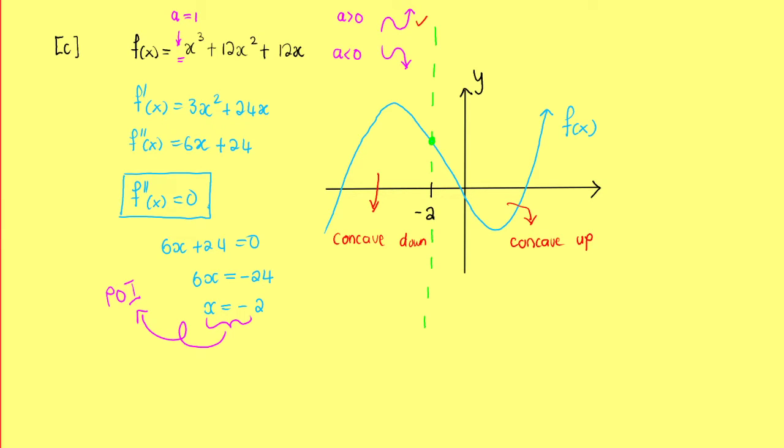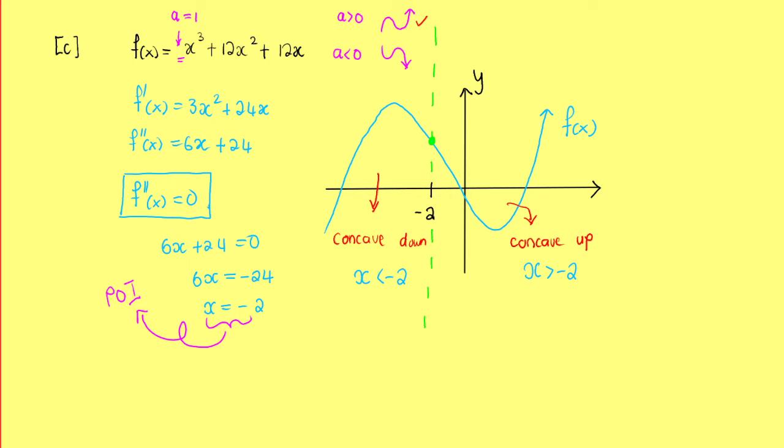Remember, the part of the cubic function which is a frowny face is concave down, and the other part, which is a smiley face, is concave up. How do you write it algebraically? Well, x for concave down should be smaller than -2, and for concave up, x should be bigger than -2. We always use the point of inflection to speak about our concavity.